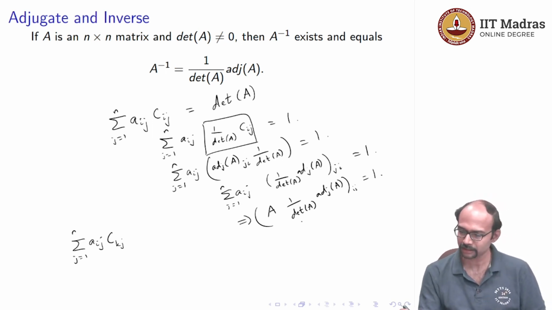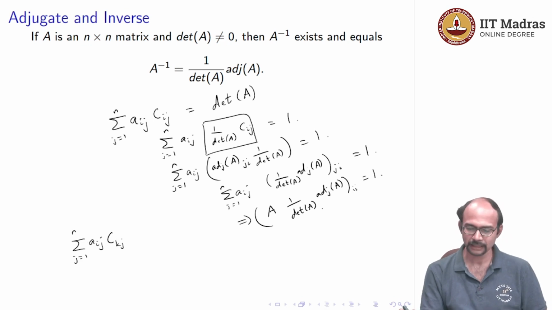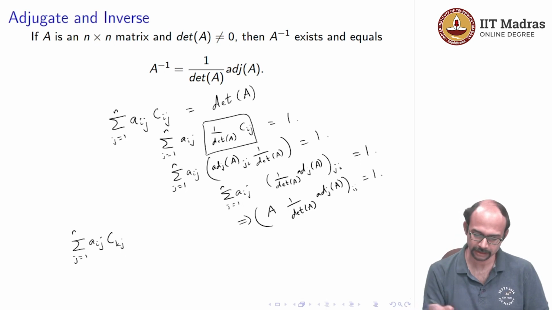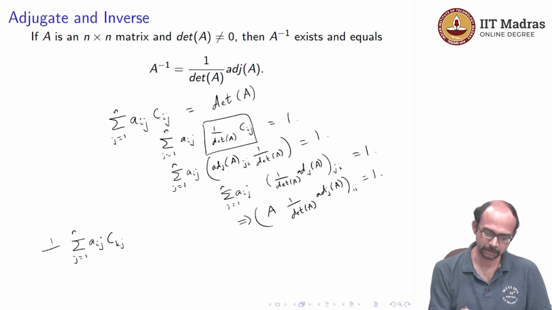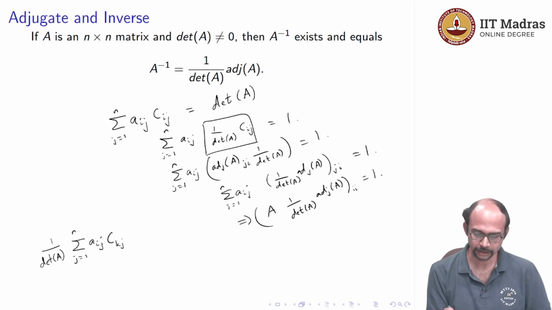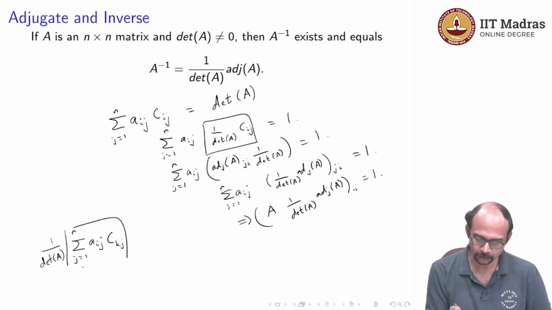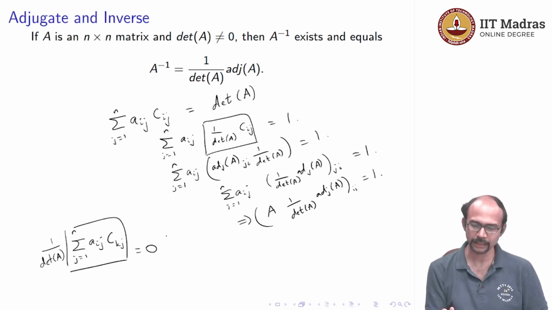So, you take this matrix and look at its ikth entry, where i is not equal to k. Then this is exactly what you are going to get, well, not this, but this times determinant of A. So, this times 1 by determinant of A. But the point is this thing over here is 0, and why is it 0, where i is not k?